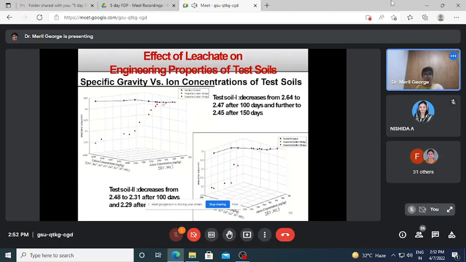So what we have done is to generalize the effect of these mixed contaminants on the engineering properties. This variation of engineering properties was plotted graphically with respect to total cation and total anion concentration.